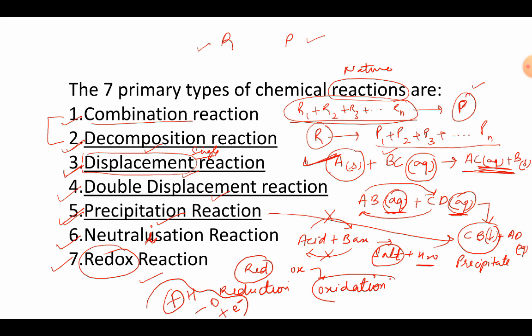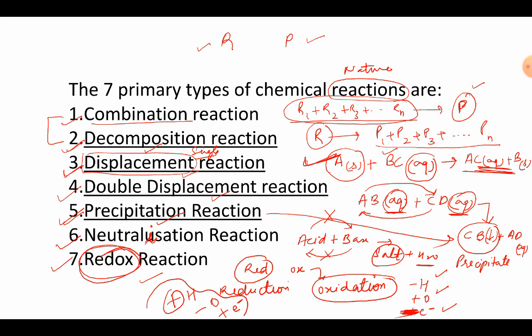And whenever the opposite is taking place, that is loss of hydrogen, or gain of oxygen, or loss of electron, we call it oxidation, right? Now why do we call it a redox reaction?